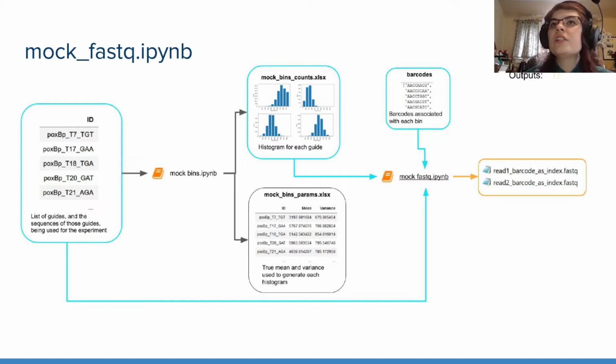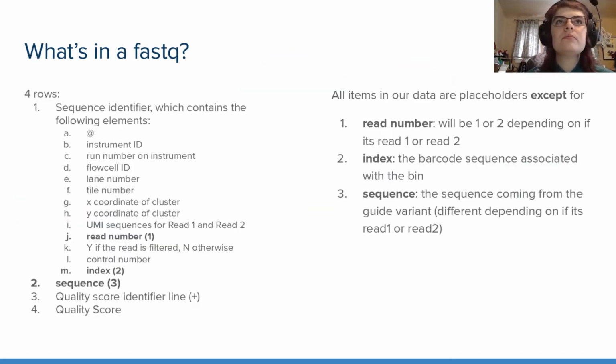And it's also going to take in a file that contains short barcode sequences that will end up being associated with each bin. And we'll output these two FACS-seq files, one for read one and another for read two. Now, we don't end up using the true parameters; that was for any analysis done in the future, to sanity check that analysis.